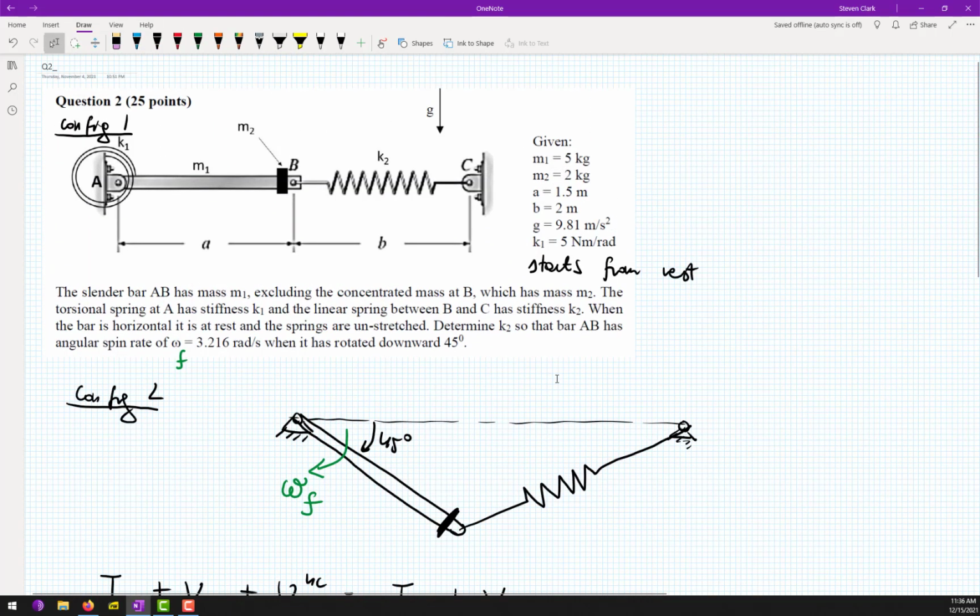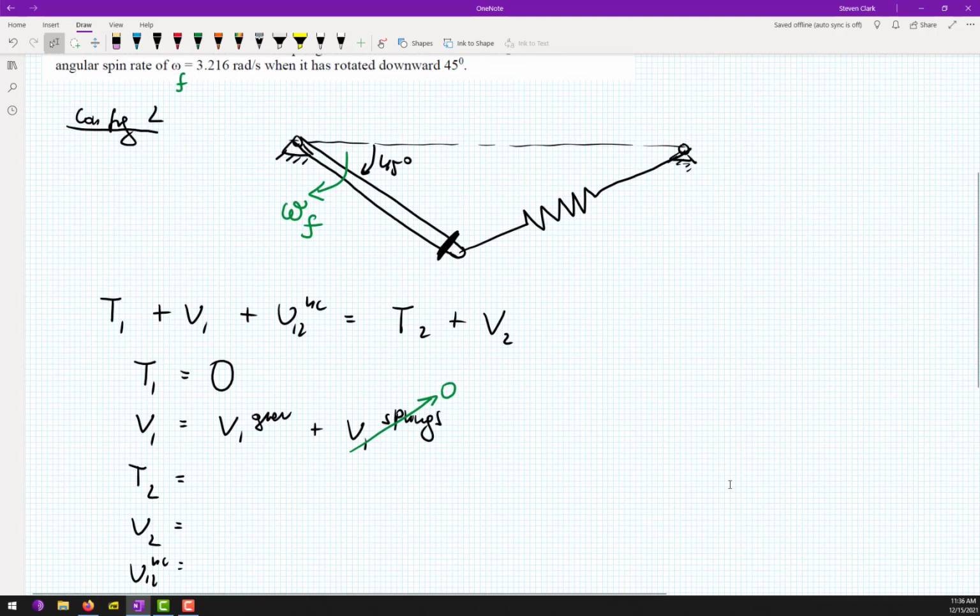And also let's place our datum here maybe. As you can see, all the masses are aligned with our datum at configuration 1. That means that this is also 0. So we have 20% of the problem done.